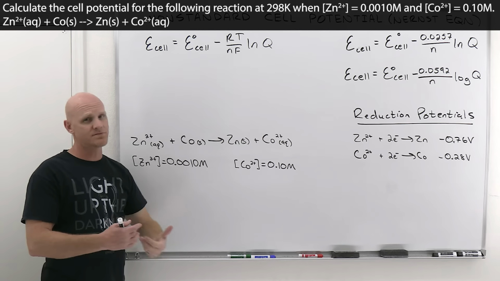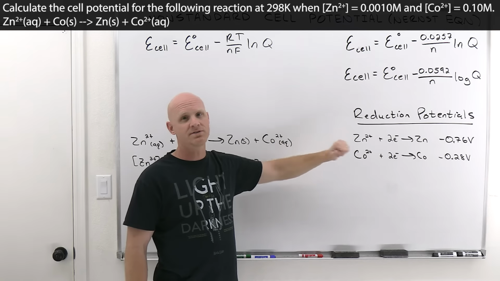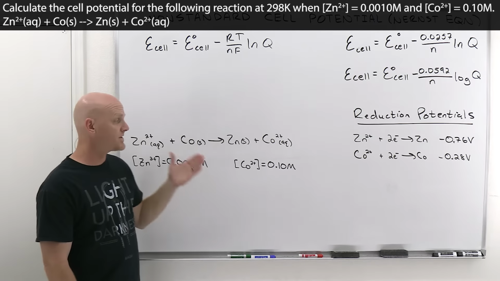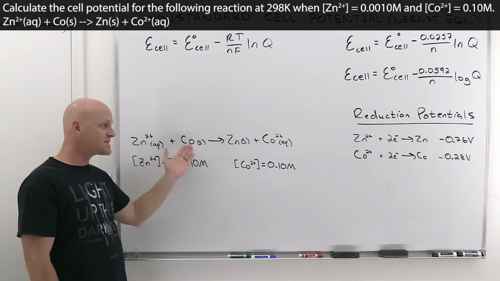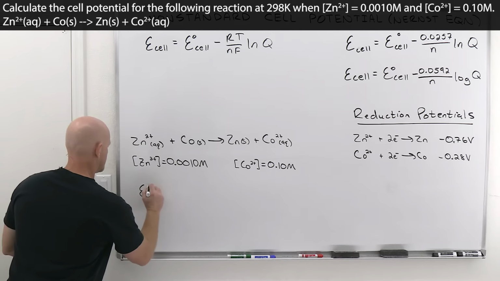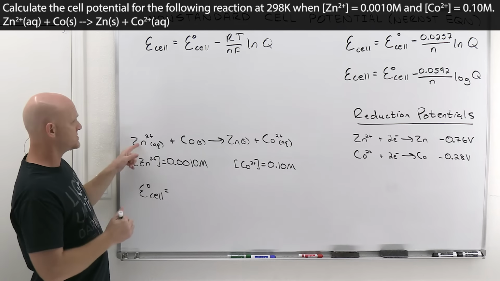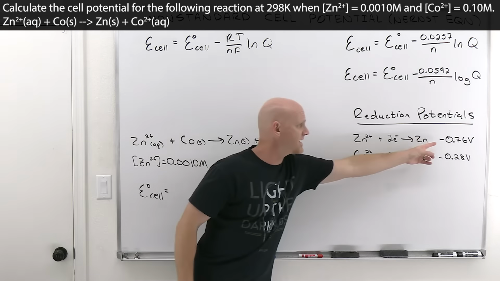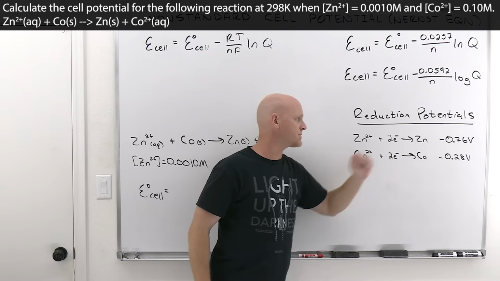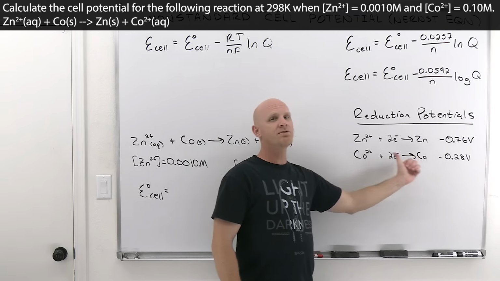Sometimes it'll just be given for you, but sometimes they're going to provide you with the appropriate reduction potentials so you can figure it out. And technically, we actually figured out the standard cell potential of this exact reaction in the last one. So we can see that zinc 2 plus to zinc is reduction, and that's negative 0.76 volts as a reduction. But cobalt to cobalt 2 plus is the reverse reaction.